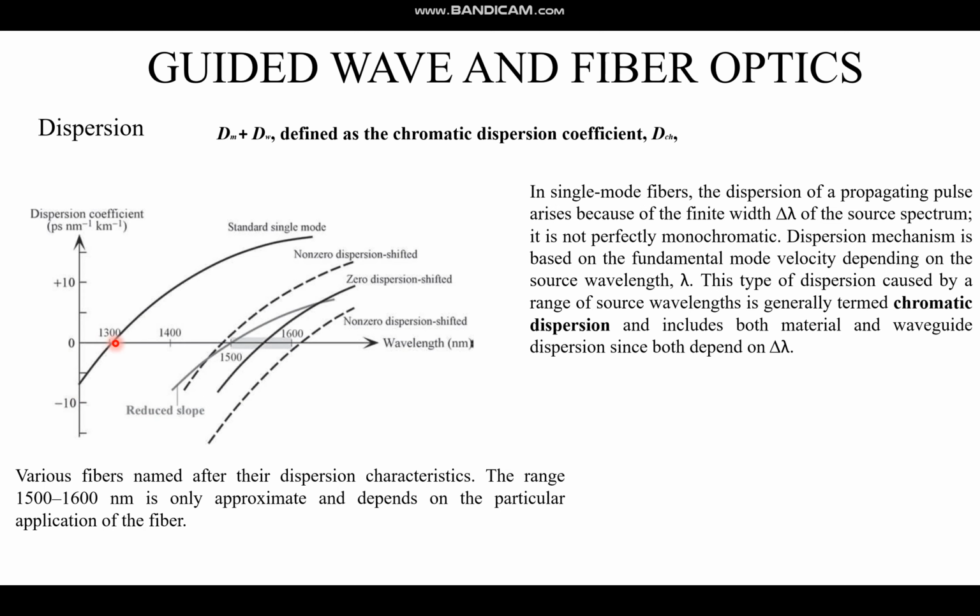And this line is the standard single mode fiber, and in the communication region it has a quite positive dispersion coefficient like this. But we can control the waveguide dispersion and the material dispersion, and the chromatic dispersion will be shifted like this.